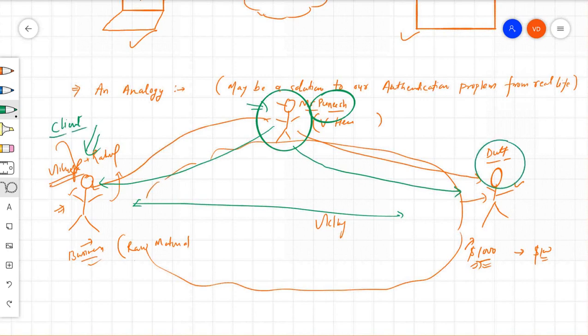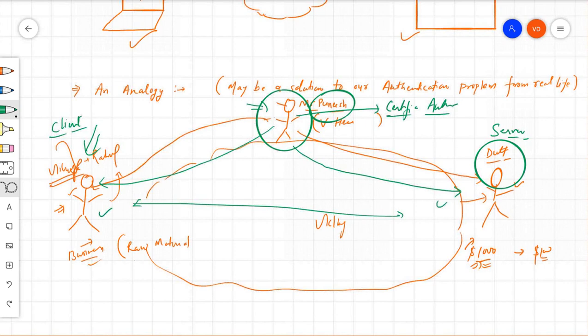This guy, Mr. Dutt, is the server. And I think you all have heard a common term, certificate authority. This guy who knows both of them is the certificate authority.